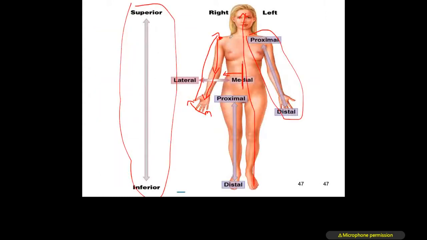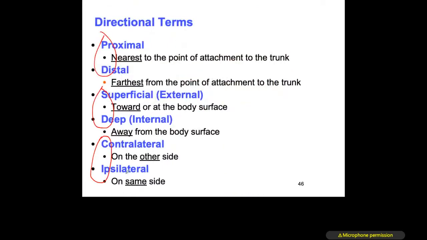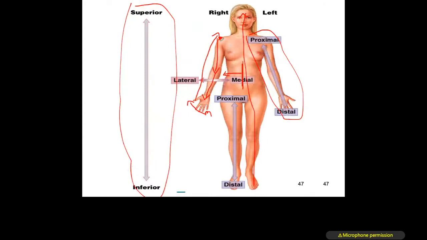Okay, the skin, the epidermis is superficial, the dermis is deep. And contralateral and ipsilateral. Patient came in with right shoulder pain and ipsilateral wrist pain. It means on the same side. Patient came in with right wrist pain and contralateral ankle pain. It means right wrist, but left or opposite ankle.